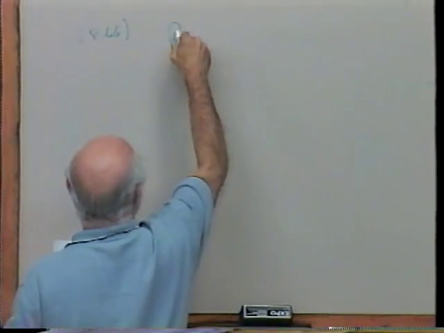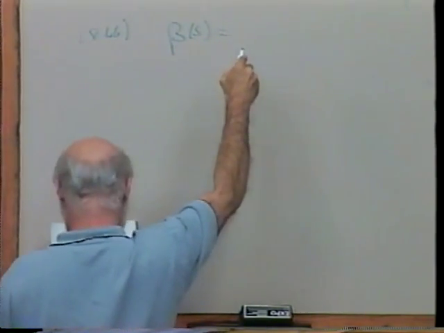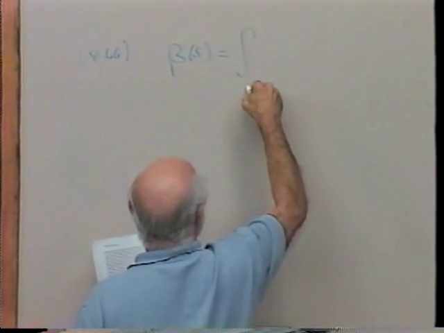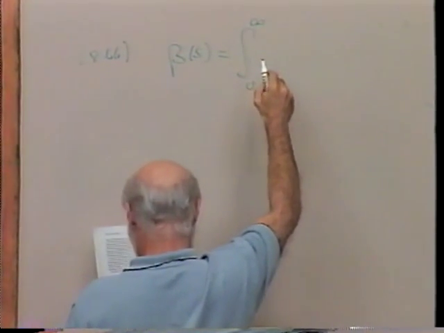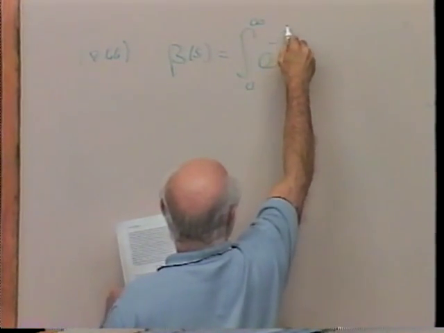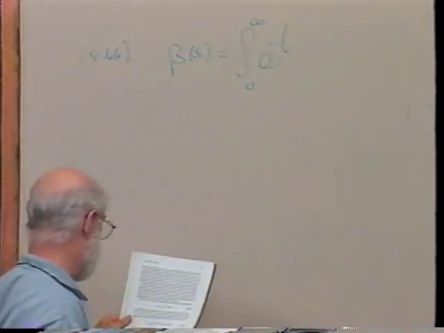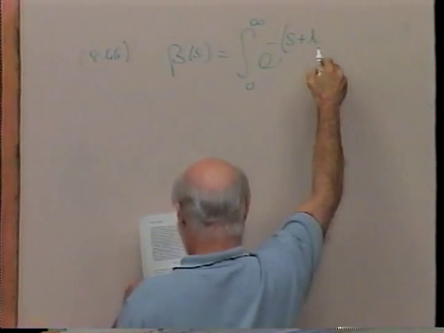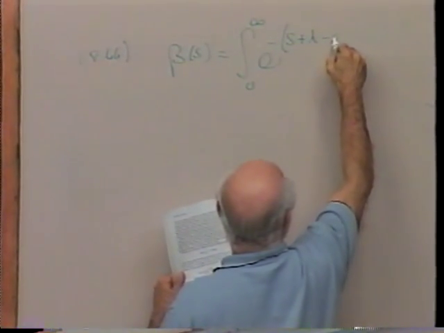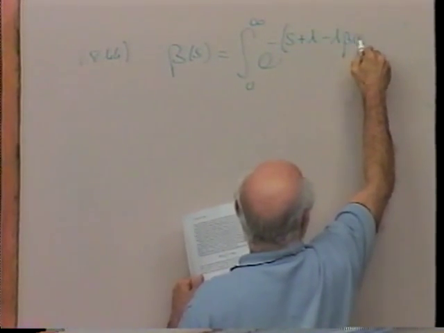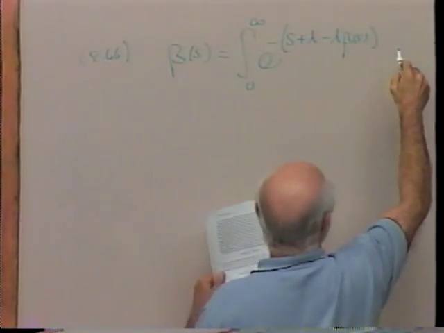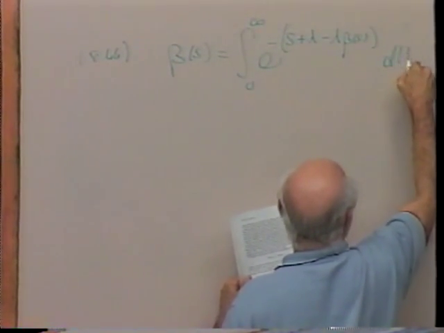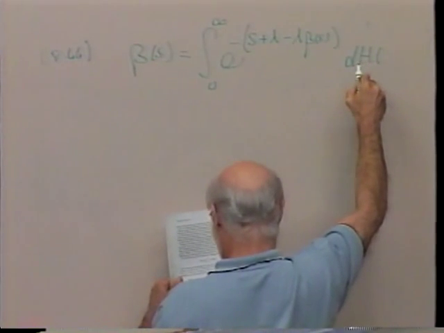It's beta of s equals the integral from 0 to infinity of e to the minus, and in that parentheses there is s plus lambda minus lambda beta of s, all integrated with respect to the distribution function of service times.